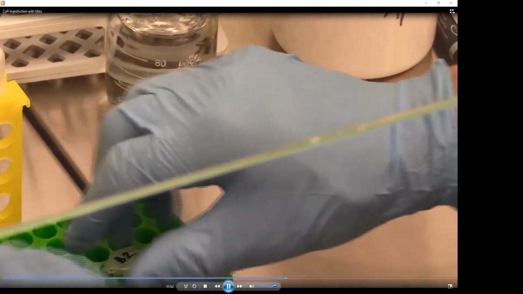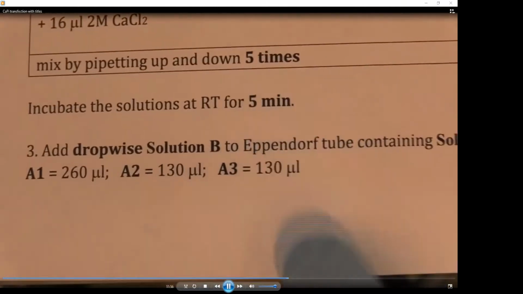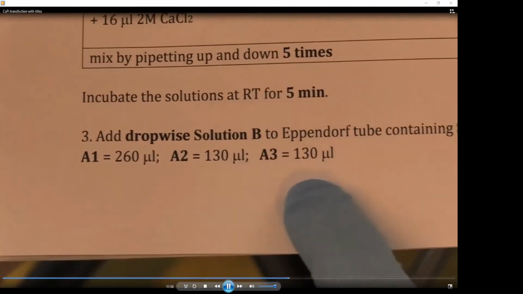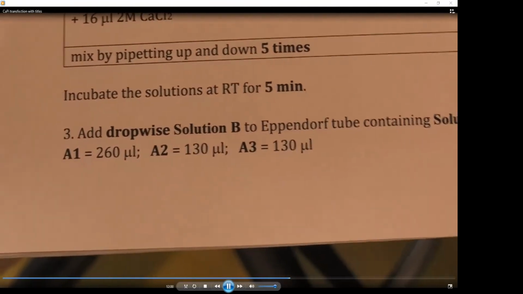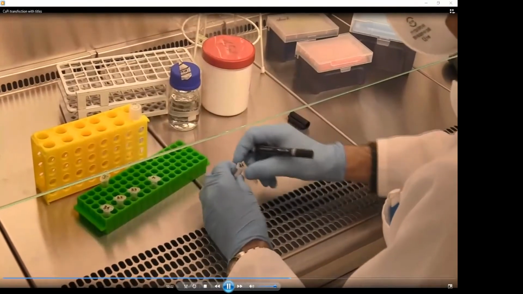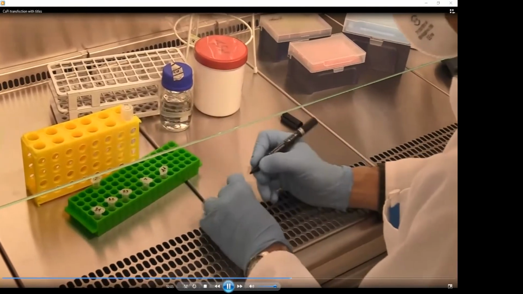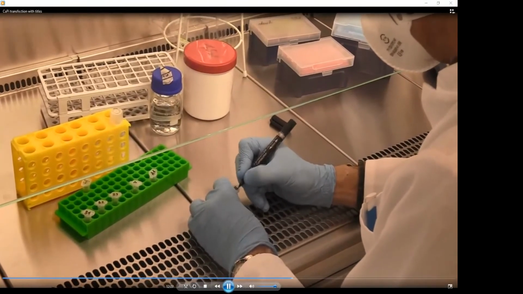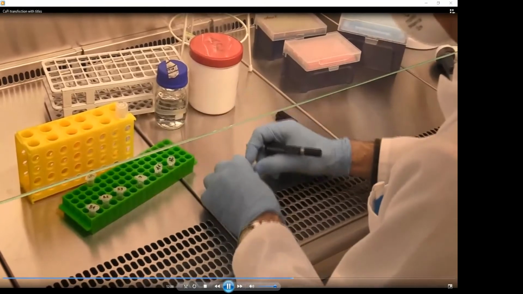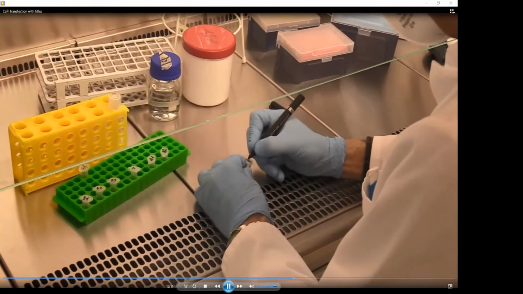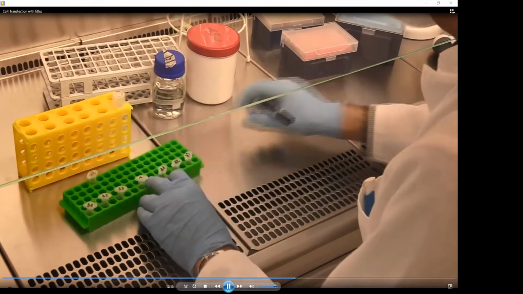And then the second part is the solution A. So we have to wait 5 minutes, and in these 5 minutes, we prepare solution A1, which has the same volume as B1, A2 same as the B2, and A3 same volume as B3.